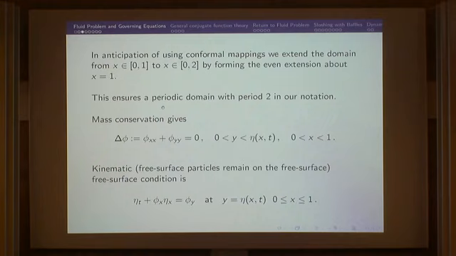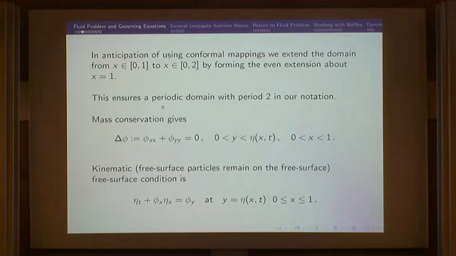We've got incompressible irrotational motion, so our fluid velocity can be written in terms of a velocity potential phi. So phi satisfies Laplace's equation in our unknown domain shape, for x between 0 and 1, and y between 0 and this free surface. And we've got two boundary conditions on the free surface. We've got the kinematic boundary condition.